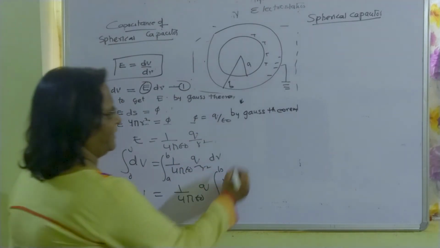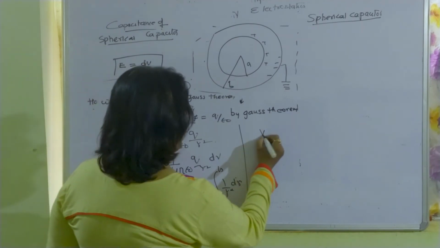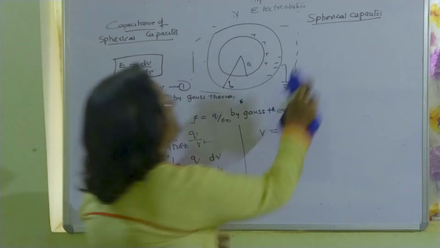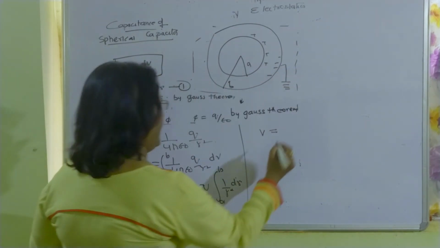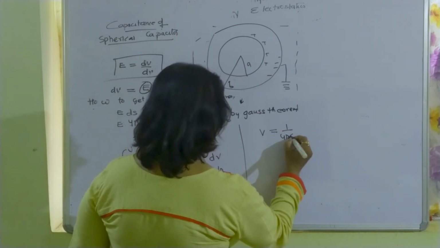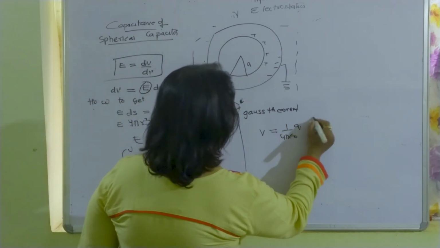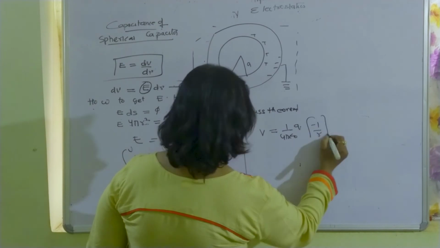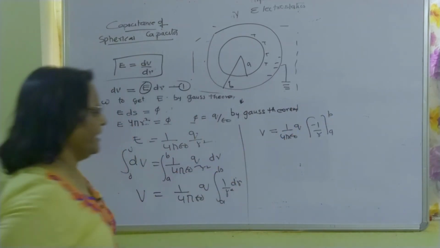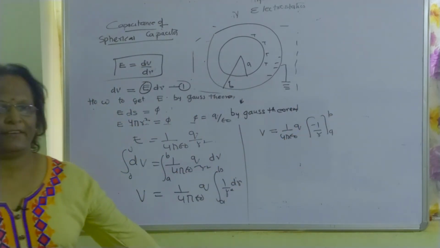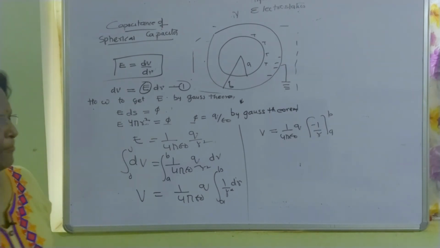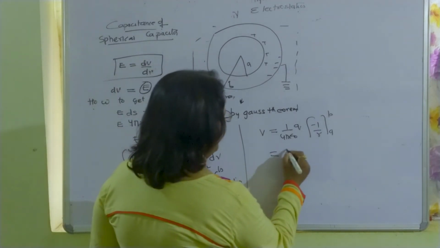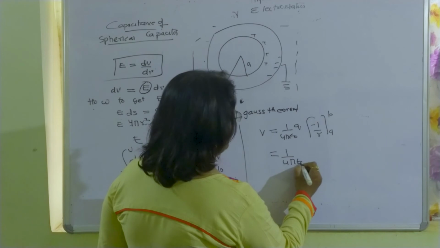When you will integrate it, you are going to get V equals to 1 upon 4 pi epsilon 0 q, and it will become minus 1 upon r, A to B. I have not integrated, but you can do it as a simple process, and here you will get 1 upon 4 pi epsilon 0 q.